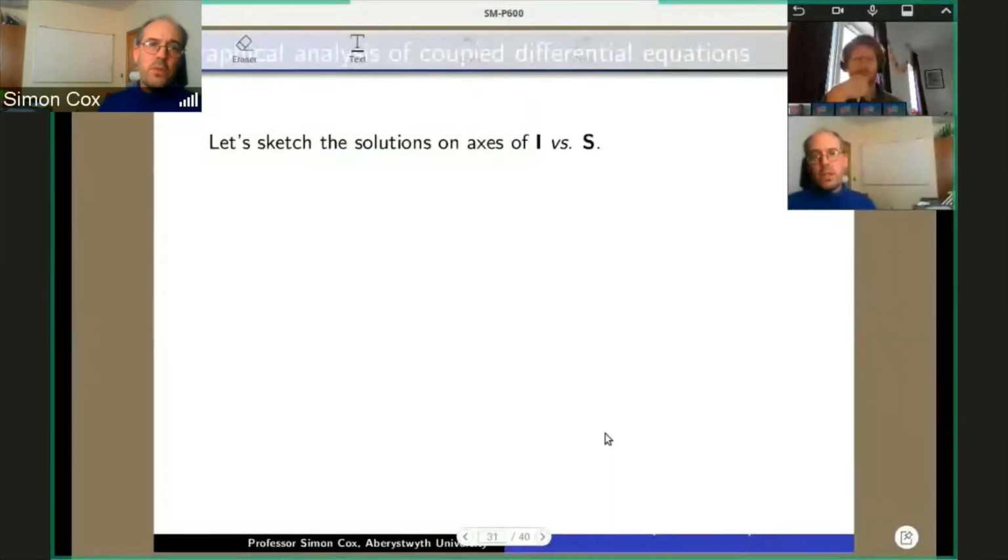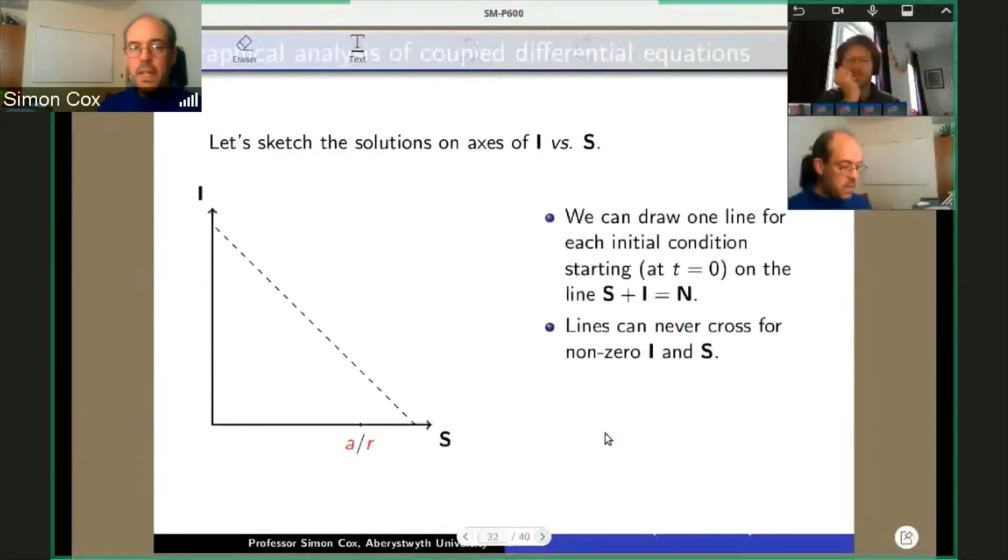I've told you I'm not going to solve these, but I am going to sketch what I think the solutions look like. And I'm going to use axes of number of infected individuals against number of susceptible individuals. And I make a few claims about how to do this.